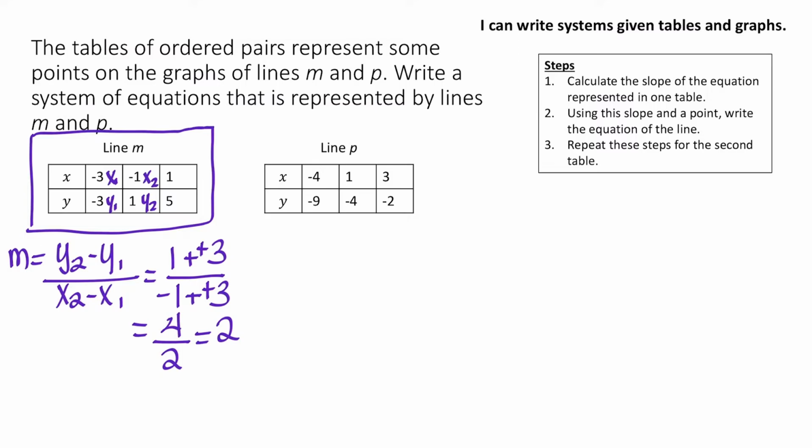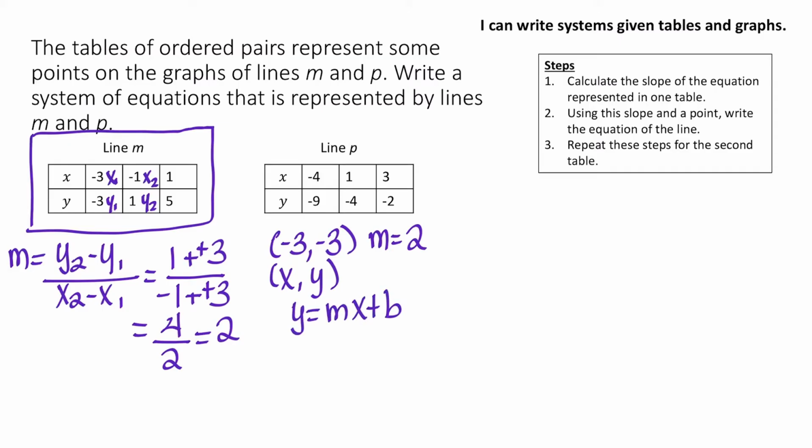So now I'm going to pick one of these points and then use the point and the slope to write the equation of the line. The point I'm going to pick, I'm just going to pick the first point, negative 3, which gives me an x value and a y value. Once again, remember I have m equals 2. So when I write the equation of my line, I have y equals mx plus b. So that means I have negative 3 equals 2 times negative 3 plus b.